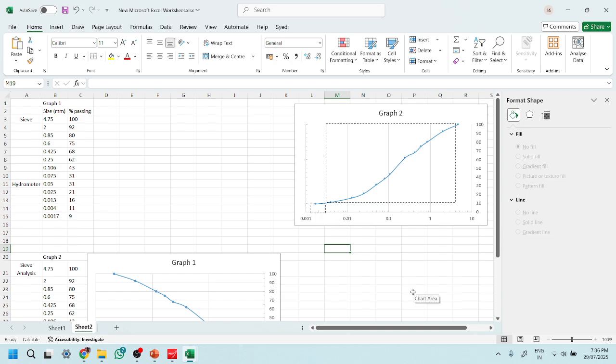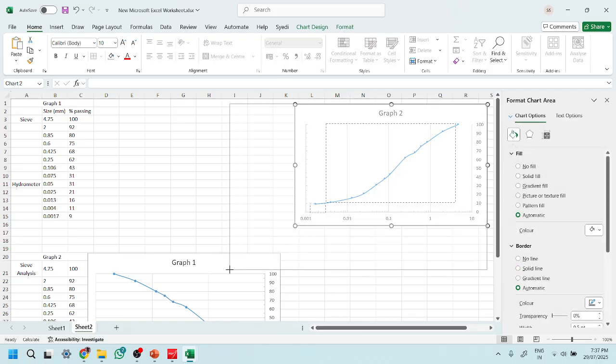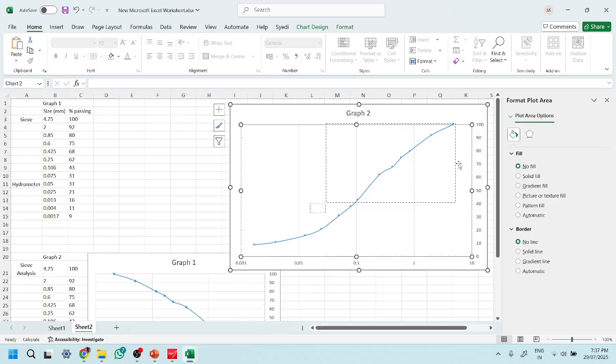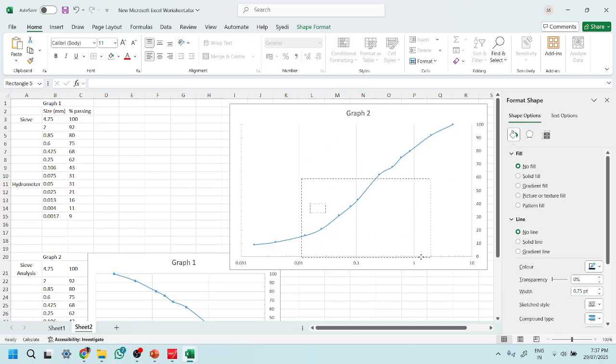Here's the 75 micron. Just a moment. They should be up till here. It's total here.